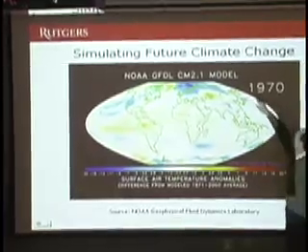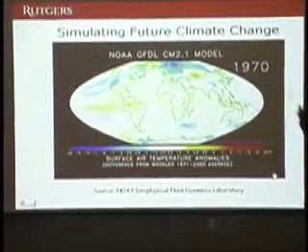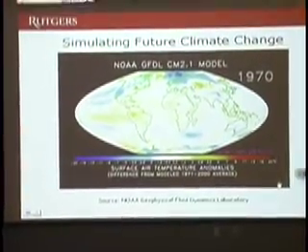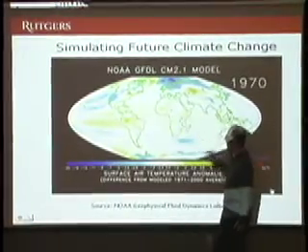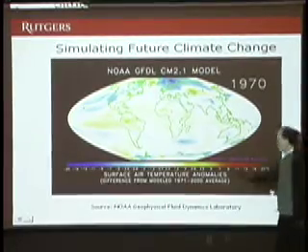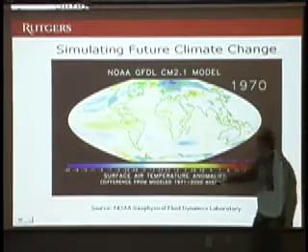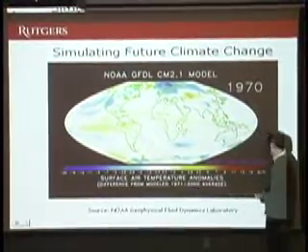Up here in the upper right, you see a year, and that counter is going to change from 1970 to 2100. And as it changes, the colors on the globe here will change, showing variations in air temperature either above or below the average for the period from 1971 to 2000.